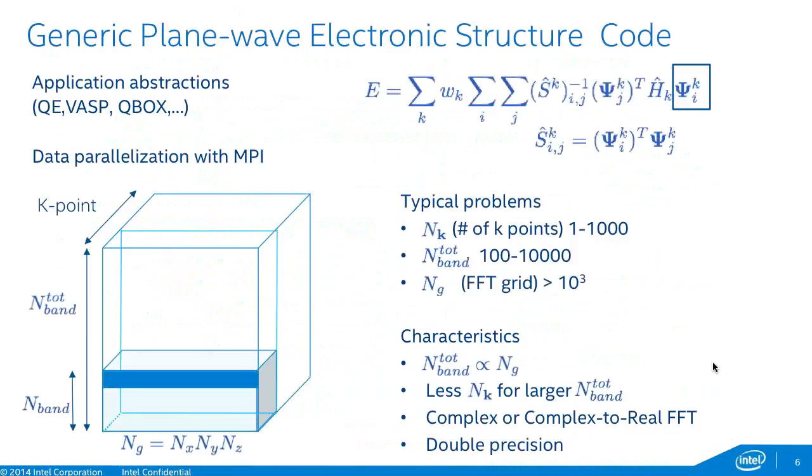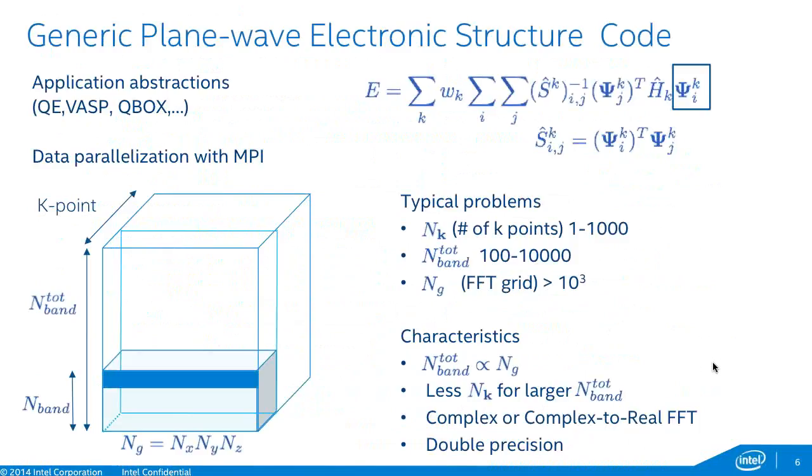And the other important parameter is, of course, the dimension of the vector we are going to serve, which represents the FFT grid in 3D. And they are typically 100 to thousands. So this is the ballpark of the parameters we are going to use.